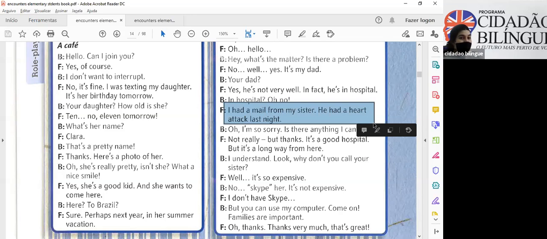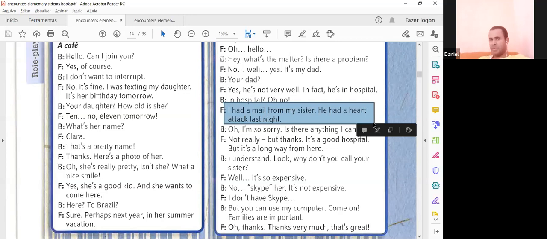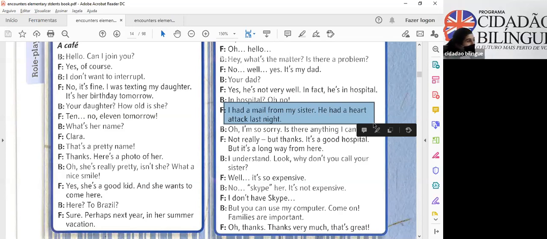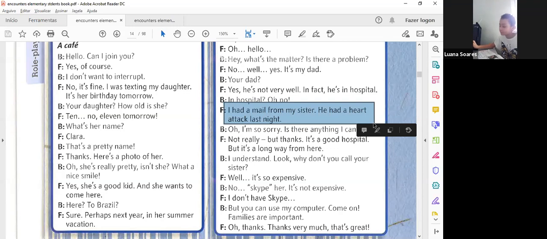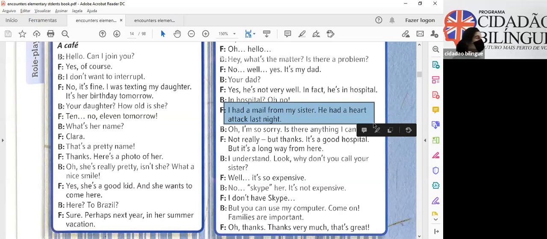He had a heart attack last night. Um ataque do coração, também conhecido como ataque cardíaco, ou infarto, ok?